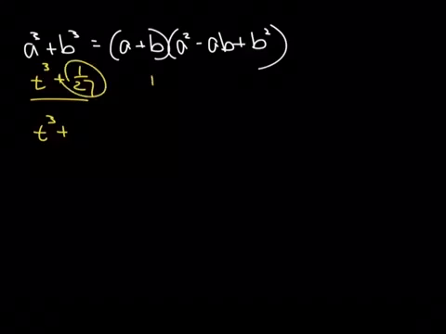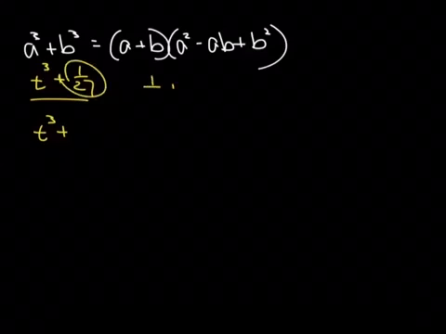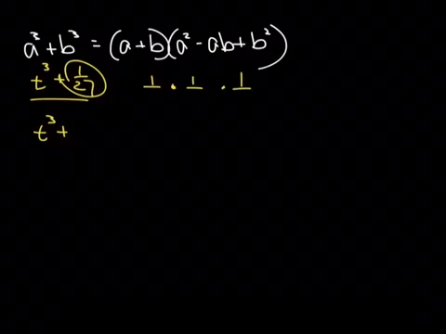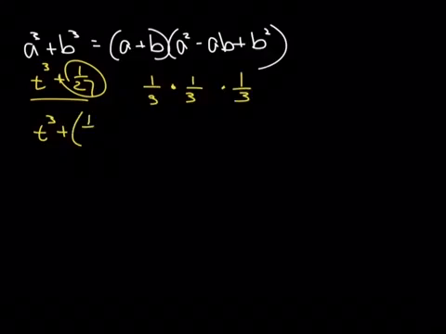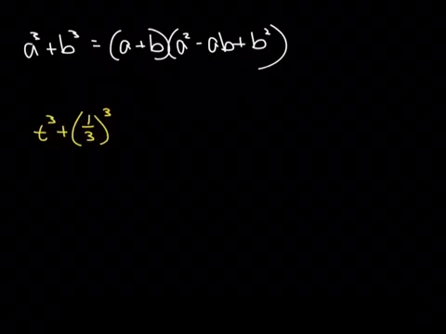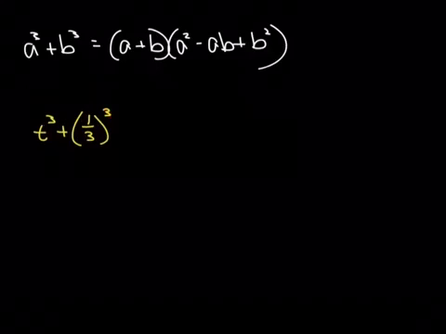Well, I know that something is 1 over something times 1 over times 1 over, because 1 times 1 times 1 will give me that 1 on top. So for the bottom, what number multiplied by itself 3 times will give me 27? 3 times 3 is 9, times 3 is 27. So I can write this as 1/3 cubed. That's always the first step, to make sure that you have a cubed both here and here.